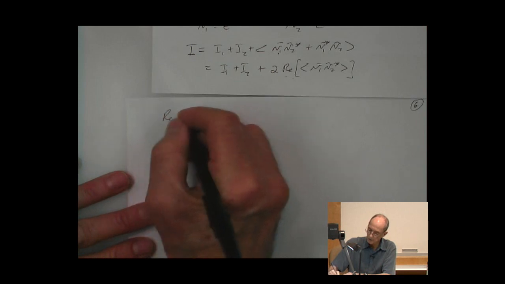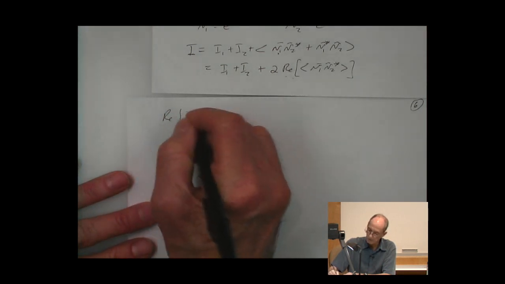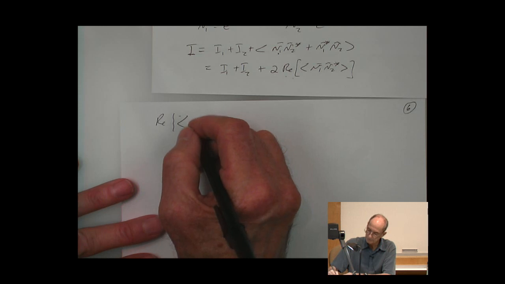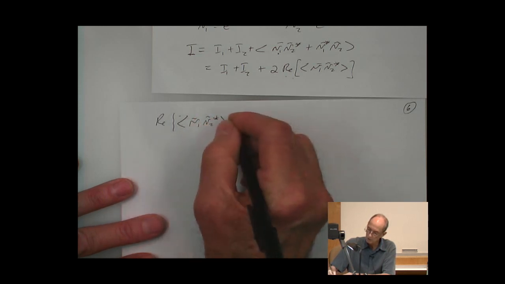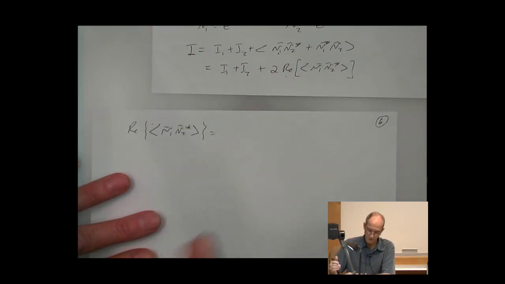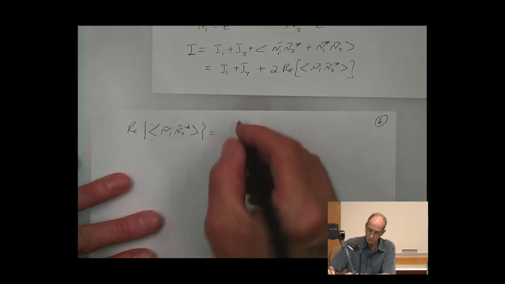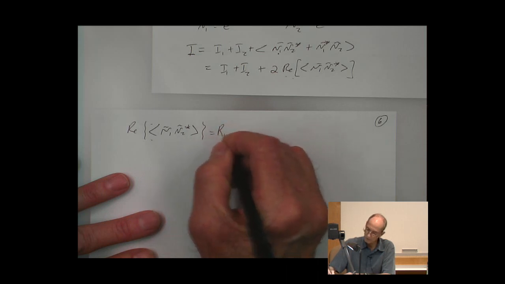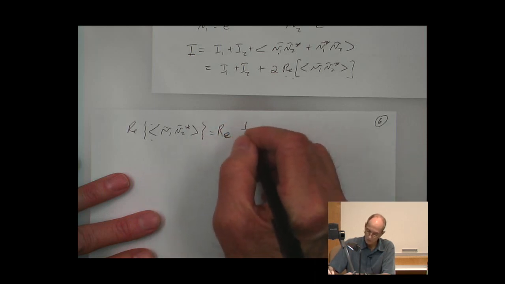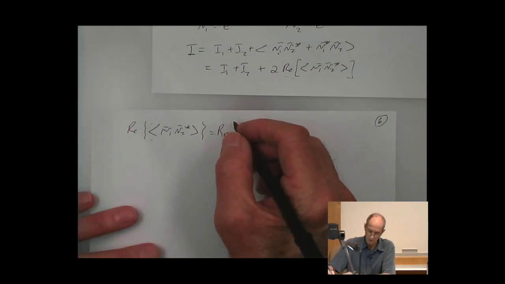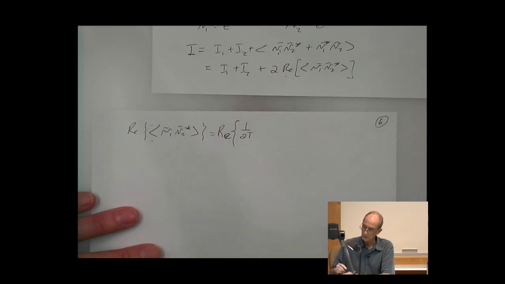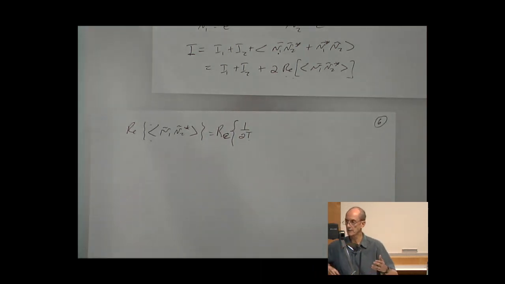So the real part of the time average of V1 V2 star is equal to what? That's again a time average. So we have the real part of 1 over 2T, where T is the time we're going to do the averaging over. In our case, the time we'd be interested in might be, say, the exposure time for our hologram.